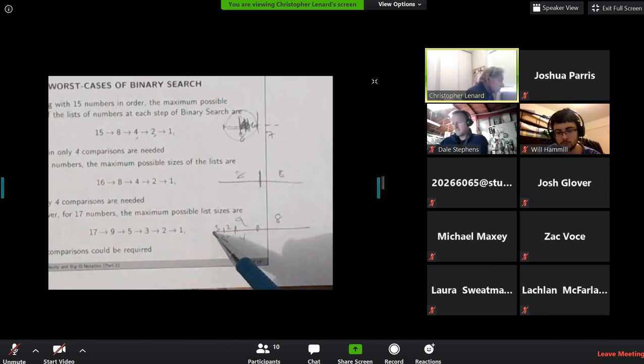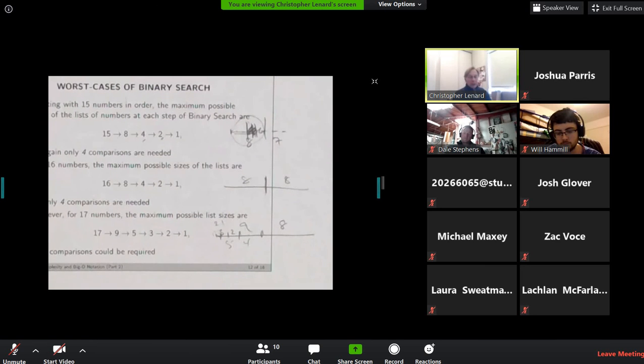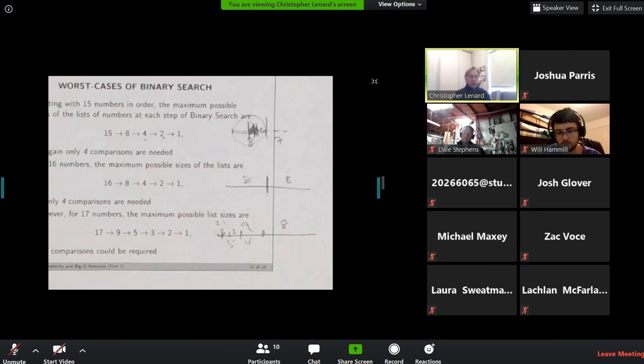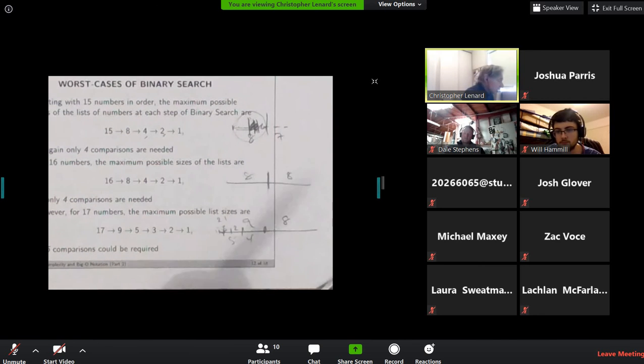And if you're unlucky enough for it to be in there, you'd have 2 in that one and 1 in that one. And if you're unlucky enough for it to be in there, you'd have 1 and 1. So if you're really unlucky, your target is always in the slightly longer half, in which case you'd actually need 1, 2, 3, 4, 5 comparisons rather than 4.